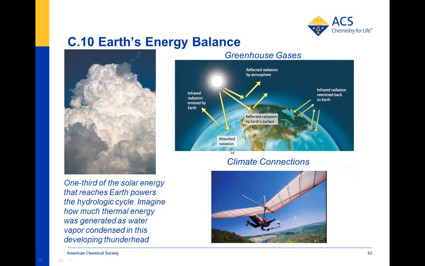And Earth's energy blanket, again, lovely pictures in the textbook of the clouds. Cycles are introduced, and we'll go into greenhouse gases and the greenhouse effect and what that is, and the connection of the solar radiation, the greenhouse effect, and greenhouse gases to climate.